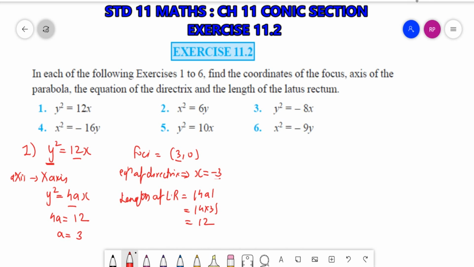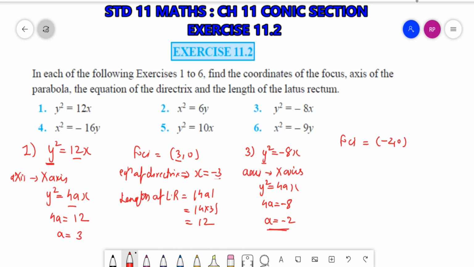Now I am solving the third one: y square equal to minus 8x. Again it is y square, so again the axis is the x-axis. Comparing with y square equal to 4ax, I get 4a equal to minus 8, so a will be equal to minus 2. So the focus is (minus 2, 0).